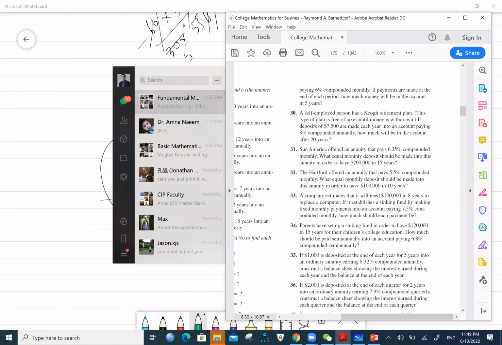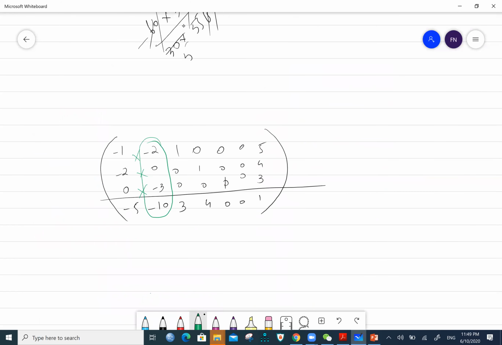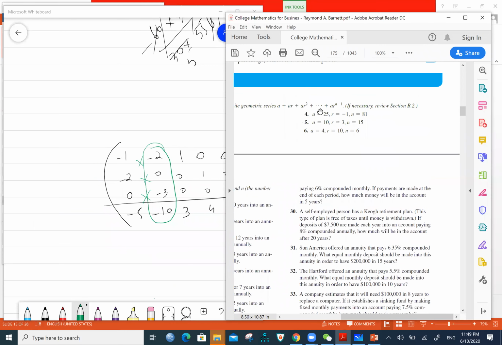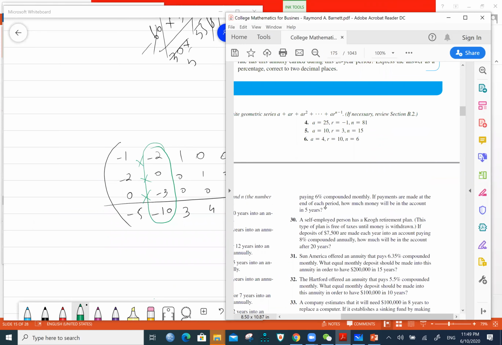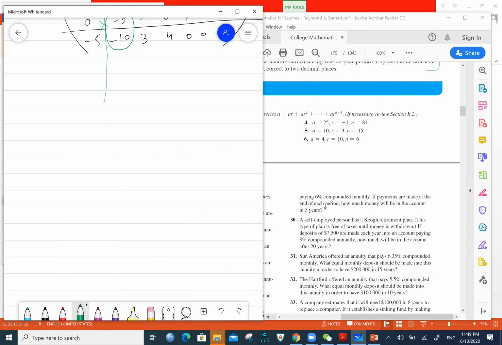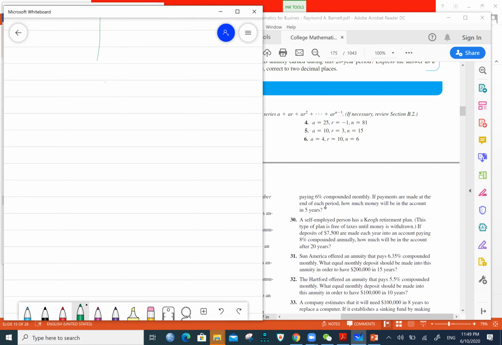First of all, you need to know that after a prescribed period, you are getting a lump sum amount. A self-employed person made a retirement plan.